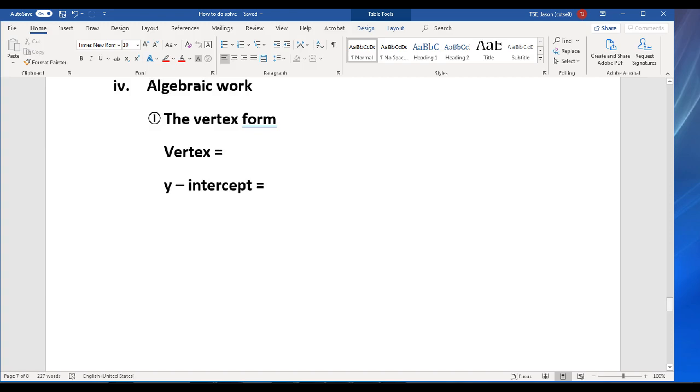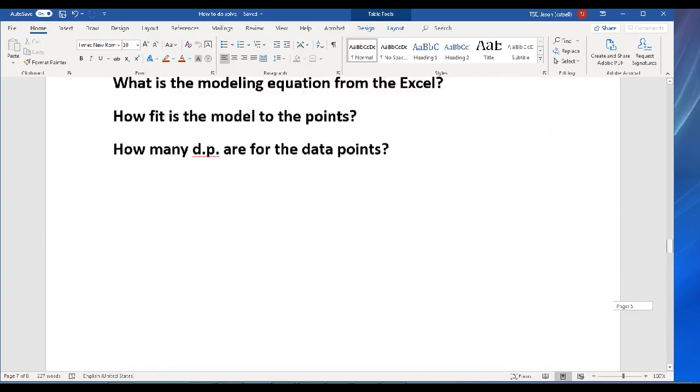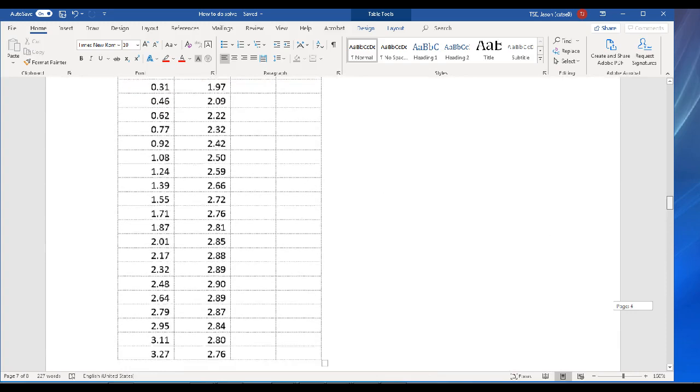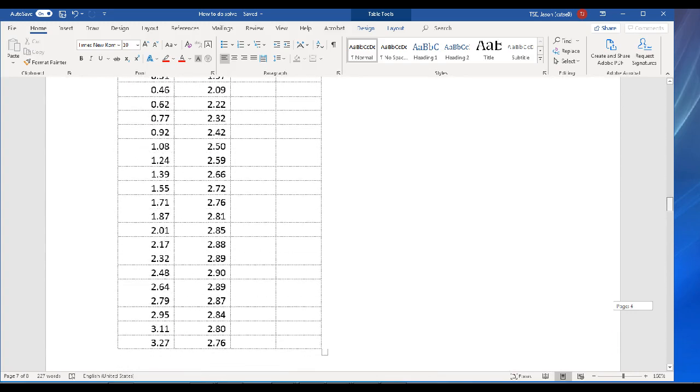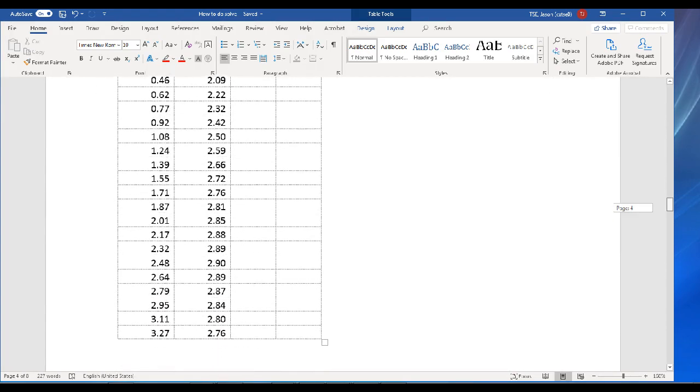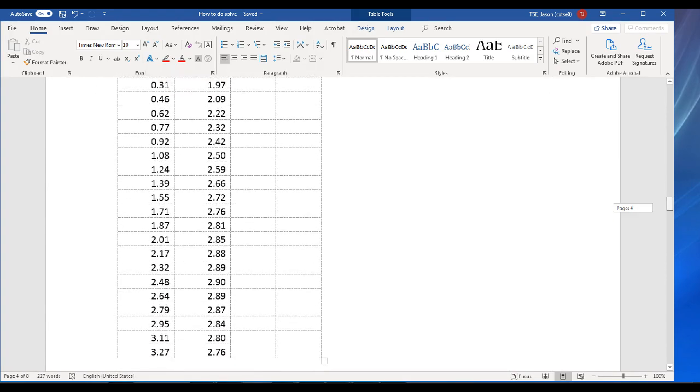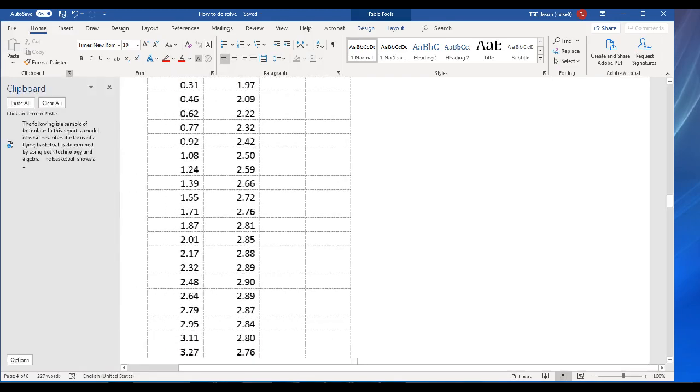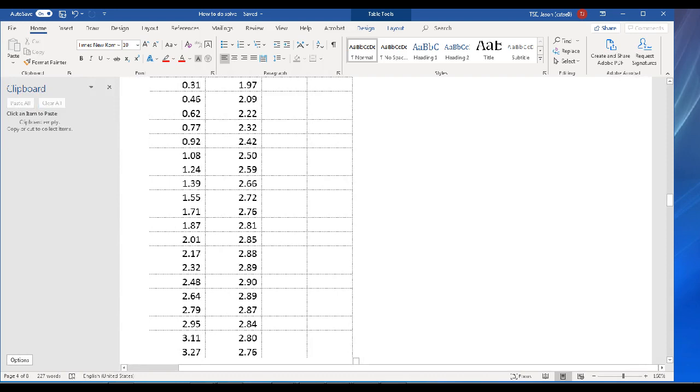So how could we get the vertex from the data? Let's go back to the Excel, the data you've got from the Excel. There are X and Y values for the flying basketball. So you need to find the data of the greatest y.